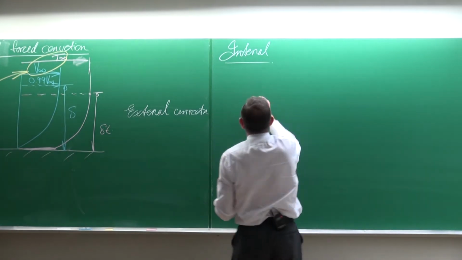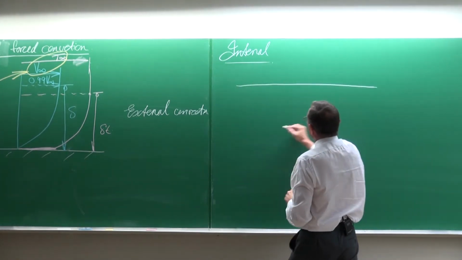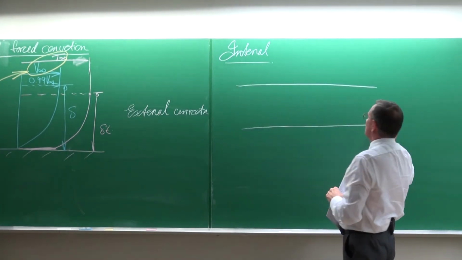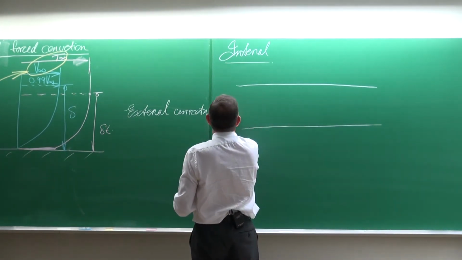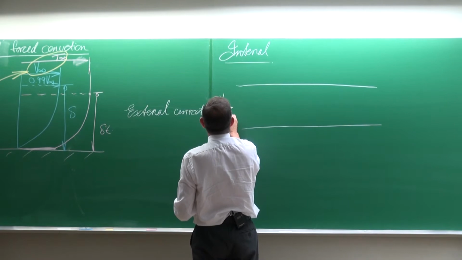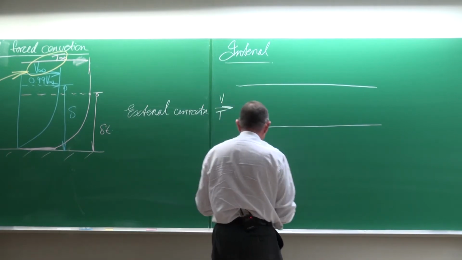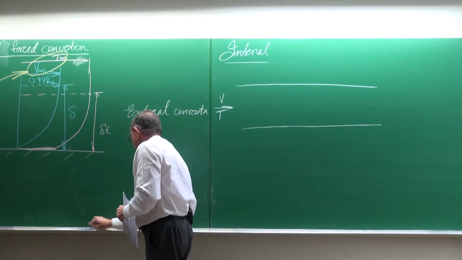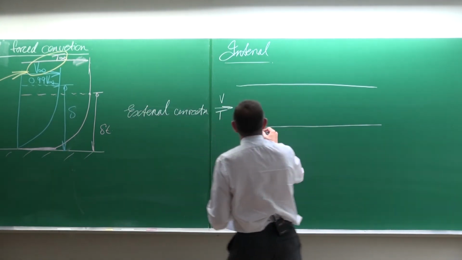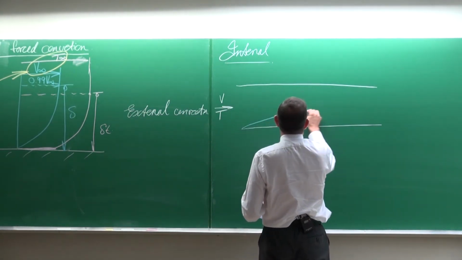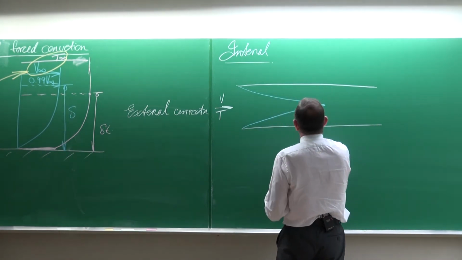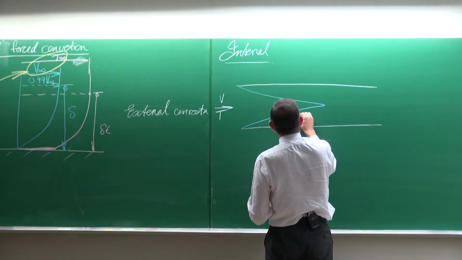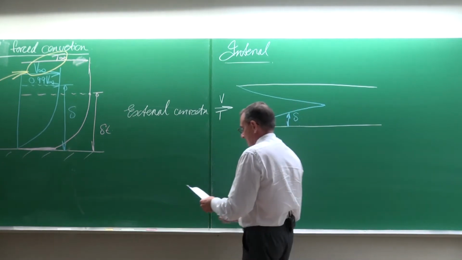forced convection. With internal forced convection, there are always at least two boundaries, and if that is the free stream velocity and the temperature, then the velocity distribution, the boundary layer is going to develop like that. And we know that that is the boundary layer thickness delta.